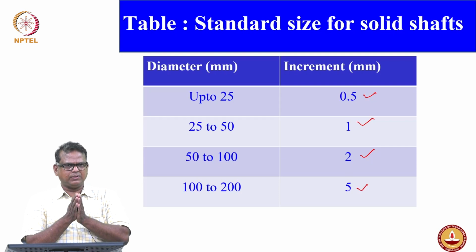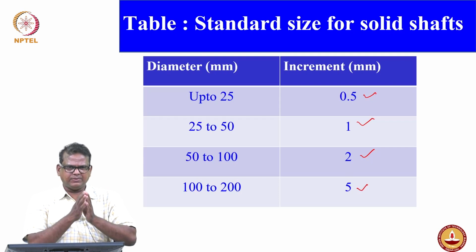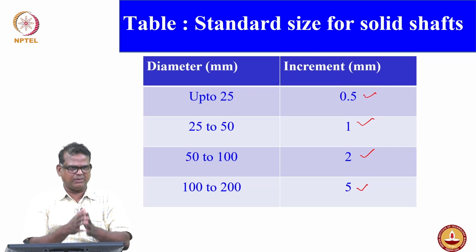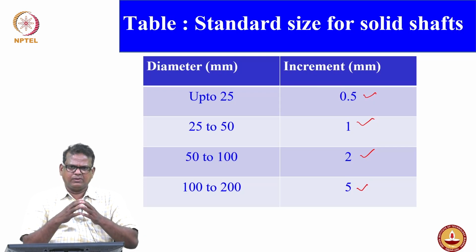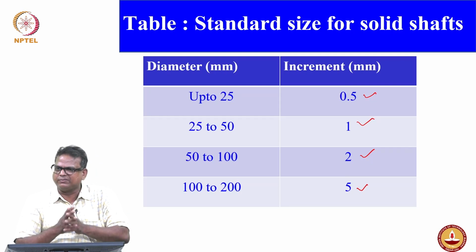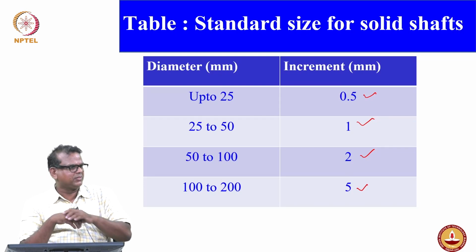Let me ask one more question. We have done the module calculation, we have chosen the standard diameter for the shaft. So where is the check to see whether our procedure is correct or not? How will you check whatever calculation we have done so far?